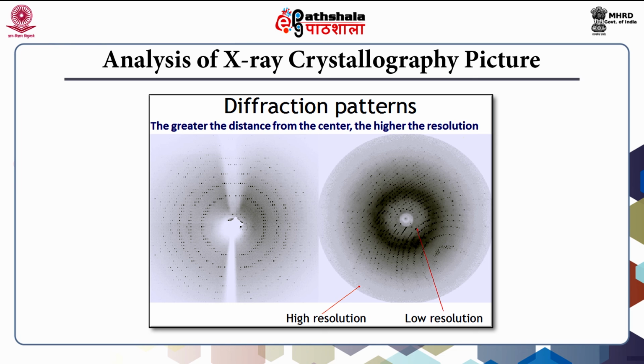Based on those spots, we can calculate the intensities and then the amplitudes and the phases of the scattered X-rays, and then we can calculate the electron density, and from that electron density map we can calculate the 3-dimensional structure of the protein.